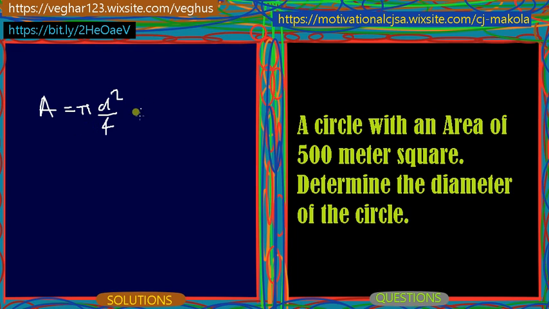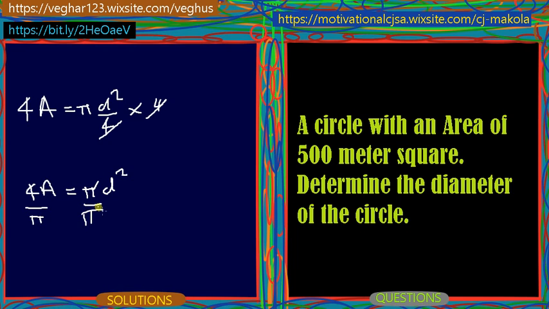First of all, we multiply both sides by 4. This 4 will eliminate this 4, so on this side you're left with 4a, and on this side you're left with pi d square. Because you don't need the pi, you also divide by pi. What you do on the left, you must also do on the right.